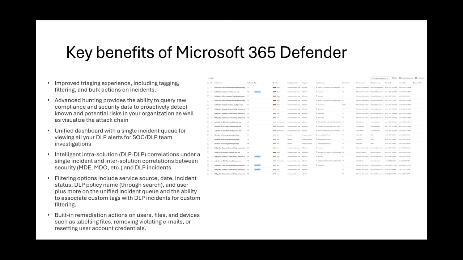You can filter by date range, incident status, the DLP policy name through search capability, end user, and there are multiple more filtering options that you can explore on the Defender portal. There is also the ability to filter the incident queue by the custom tags you may have applied on the incidents while triaging your alerts and incidents.